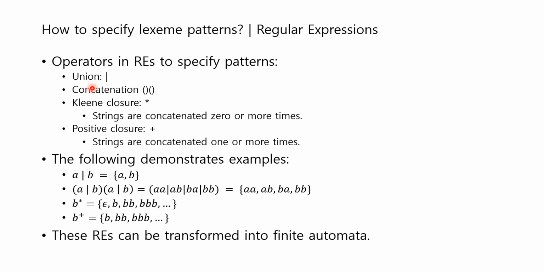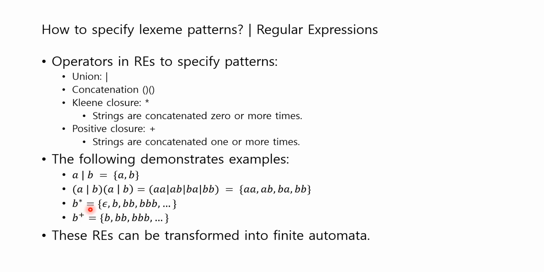They are union, concatenation, Kleene closure, and positive closure, and here are examples of the above operators. A union B gives the set of A, B, and (A union B) concatenate (A union B) gives the set AA, AB, BA, BB.